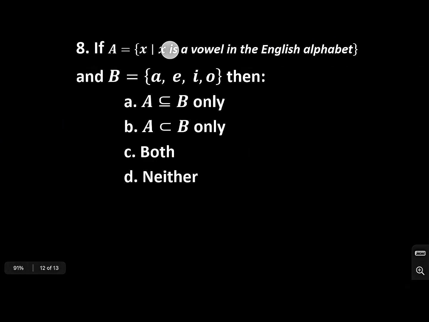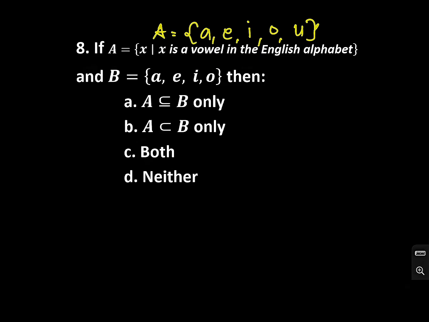If set A is the set of x such that x is a vowel in the English alphabet, which is A, E, I, O, U, and set B has A, E, I, O, here we're looking for a true statement.